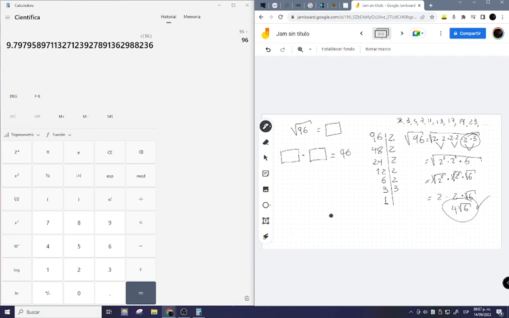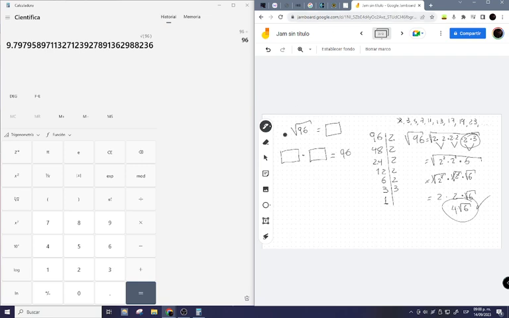Like, for example, 1. 1 squared is 1, so no. 2. 2 squared is 4, no. So it continues with like 9, 16, 25, which is 5 times 5, 36, which is 6 times 6, 49, which is 7 times 7, 64, which is 8 times 8, and 81, which is 9 times 9, and 100, which is 10 times 10.